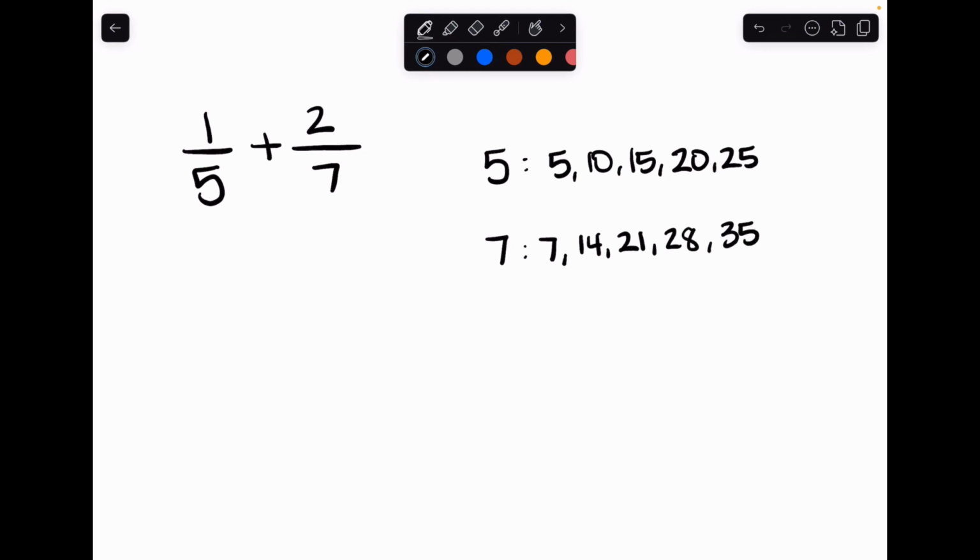After looking at my lists of 5 and 7, I don't see any common multiples, so I will keep going. 30 and 35, and there we are. We've got a common multiple of 35 in both lists. So that means that my LCD for 5 and 7 is going to be 35.